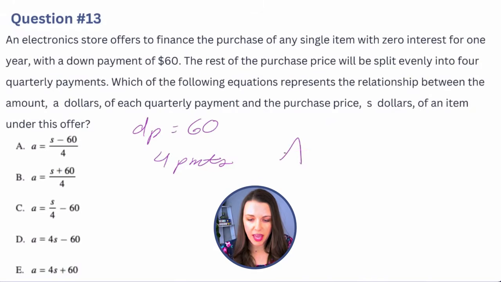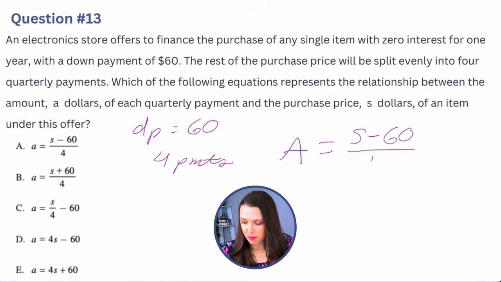Okay, so what we're really wanting to find is the $A, right? So we're going to have here A. Now, S is how much it costs, right? So we're going to take our S and subtract $60, because we have that down payment of $60. And then we're going to divide it by 4 because we have 4 payments.